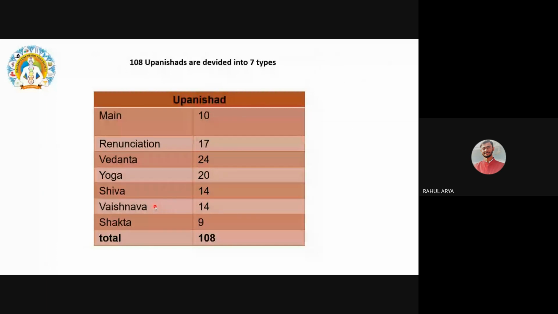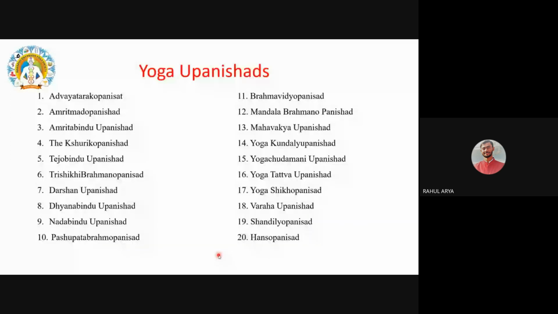So 14 are related with the Shaiva sect, 14 with the Vaishnava sect, and 9 are Shakta. Sorry, I don't have more knowledge about the Shakta, so please look at it on your own. Maybe in the exam these kinds of questions come. So this is how the 108 Upanishads are divided.